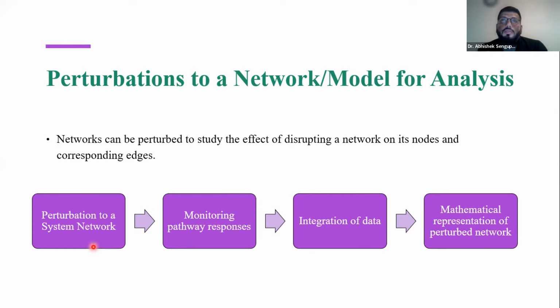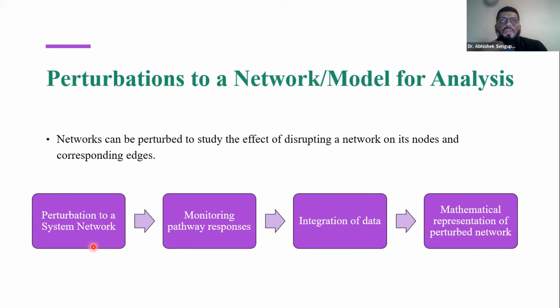So perturbation analysis is very important, where, for example, you knock out certain genes, you knock in certain genes, or you have just stopped certain pathways in a metabolic model or in a biochemical network model, and you see what changes happen.